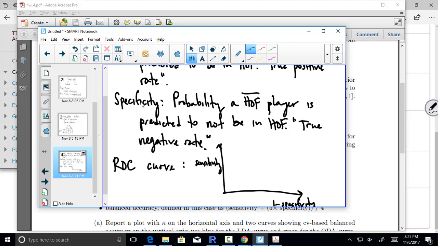And for each choice of kappa, I would have a sensitivity and a specificity. If you're going to use kappa equal 0.3 as the threshold, you have a corresponding sensitivity and specificity. So for every one of the kappas that we consider, there will be a dot. And we will end up with a picture that most likely looks like that.